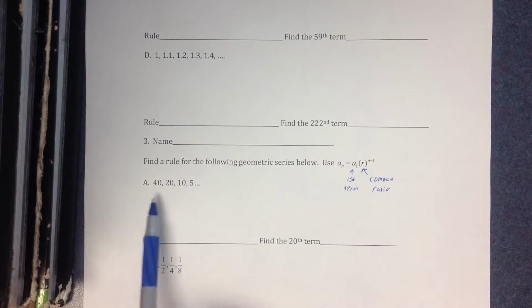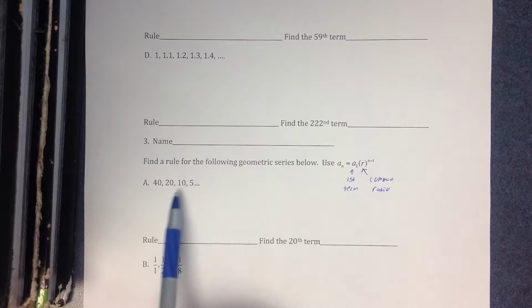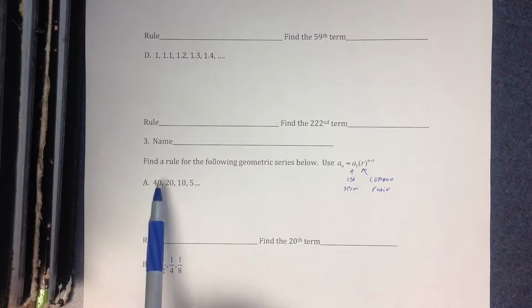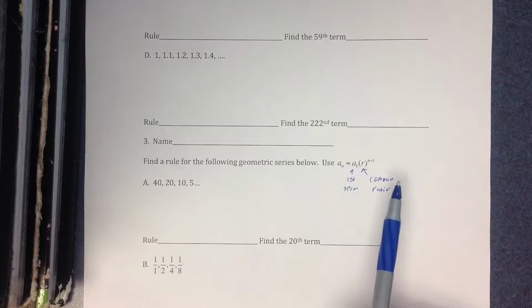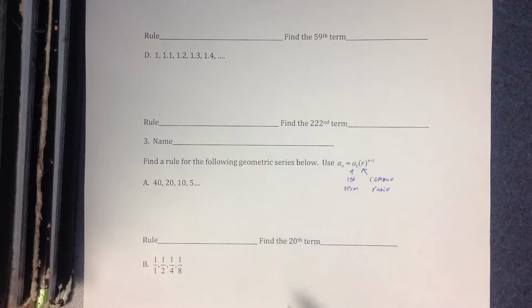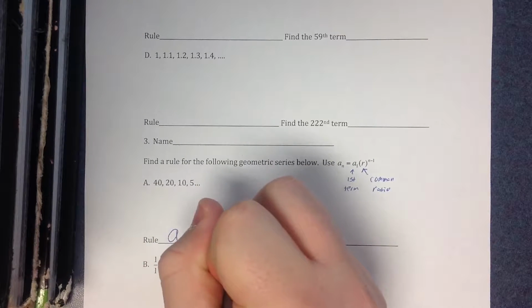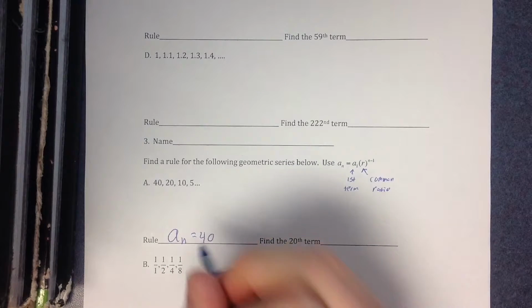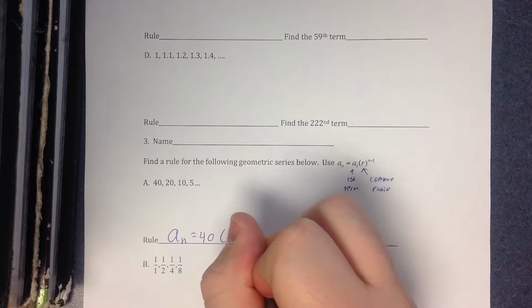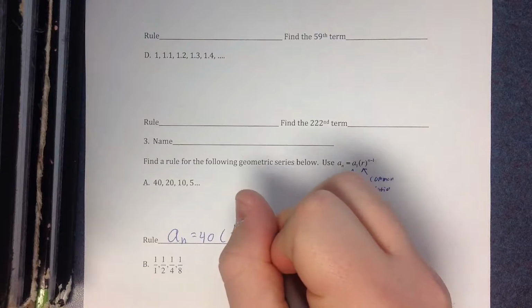So if we look at this sequence, 40, 20, 10, 5, you may say, well, we're dividing by 2, which is true, but since our ratio, we want it to be what we're multiplying by, dividing by 2 is the same as multiplying by a half. So my rule here would be A_N equals A_1, which is 40, times R, which is a half, to the N minus 1.